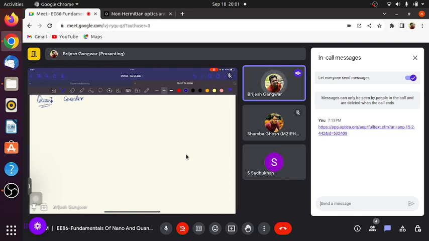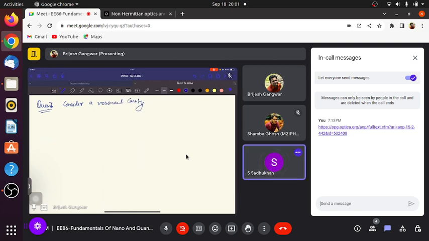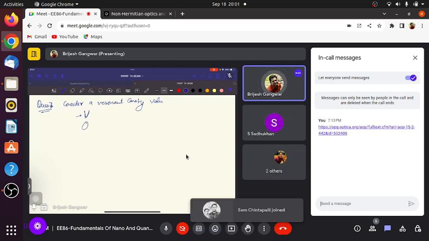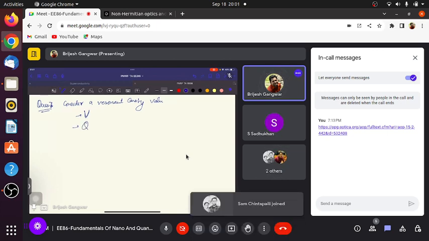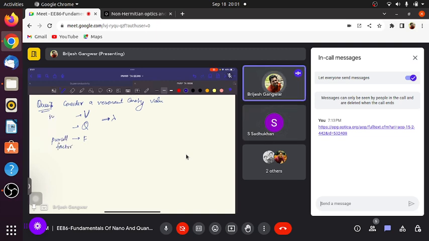So consider a resonant cavity. The cavity volume is V, and the quality factor is Q at a particular wavelength lambda, and it has a Purcell factor of F. This is the volume, this is the Q factor, and this is the wavelength for one cavity.